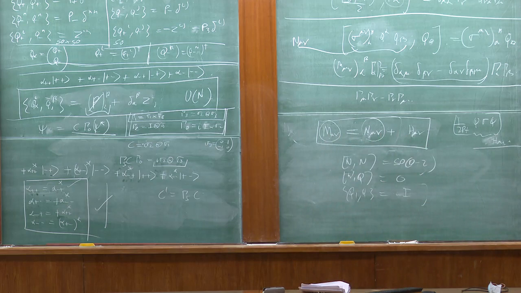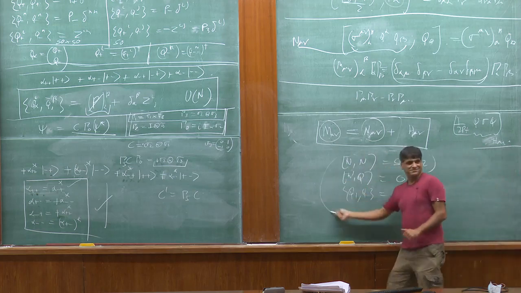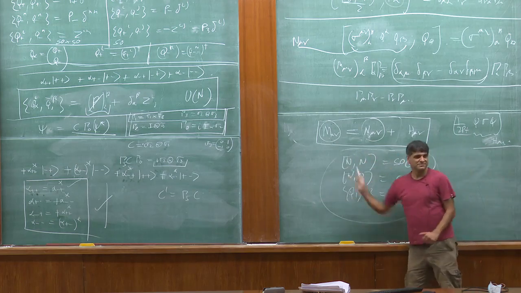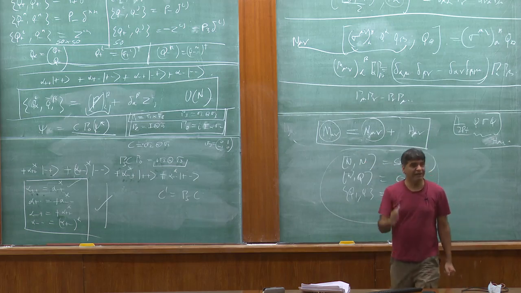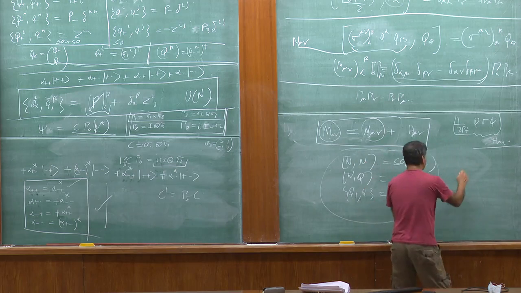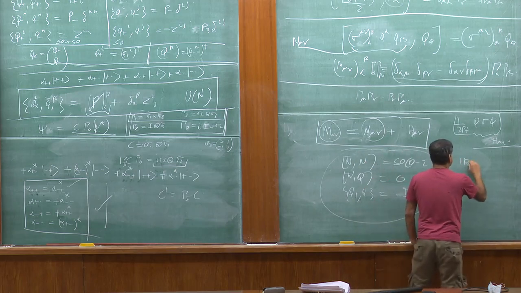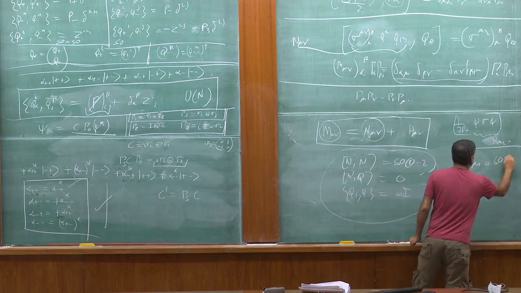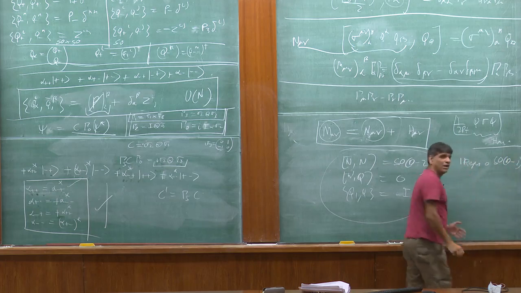Is it clear? Therefore, to find representations of that original algebra is the same thing as finding representations of this algebra. Okay? And representations of this algebra then are labeled by irreps of SO(D-2), also of R symmetry.